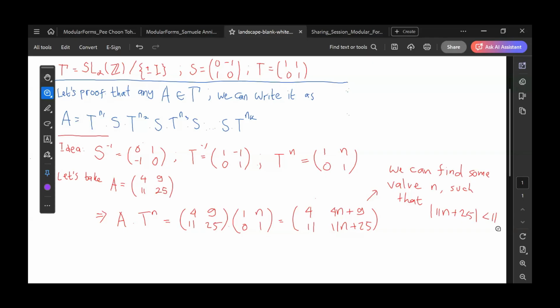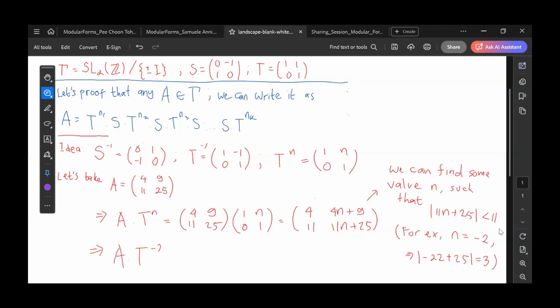For example, we take n equal to -3, then it becomes 3, which means that if we have A times T to the power of -n, so that n is -2, right?